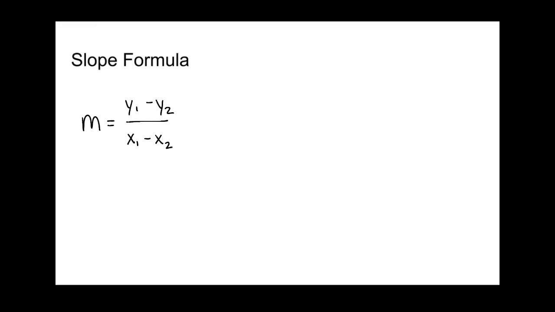So, for example, if I ask you to find the slope between these points, here's your two y values. You're going to subtract those, and you can do whichever one you want first, and I will show you why that doesn't matter. So I'm going to start with the 8.